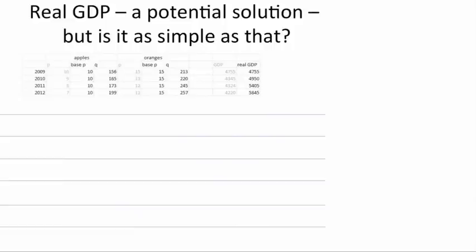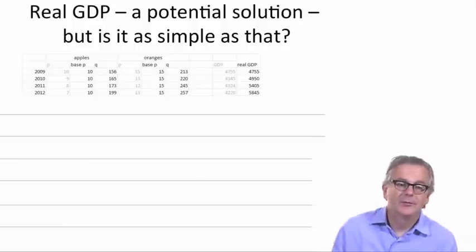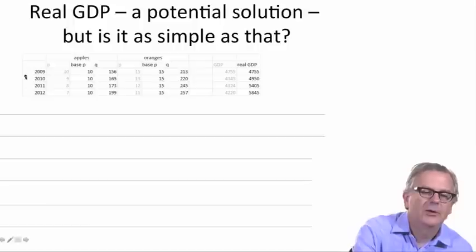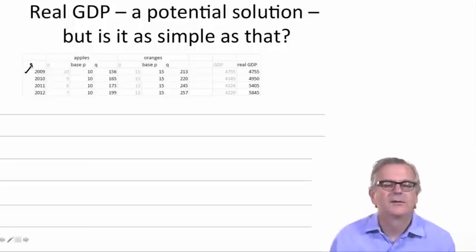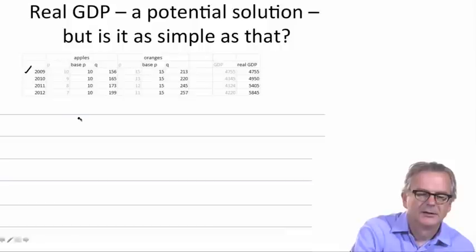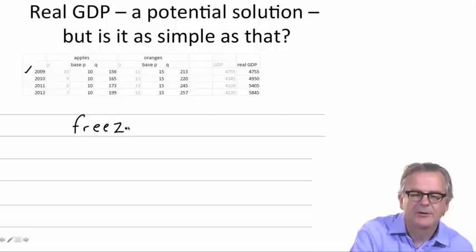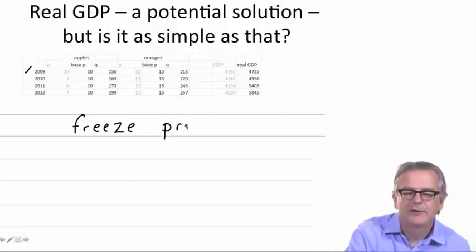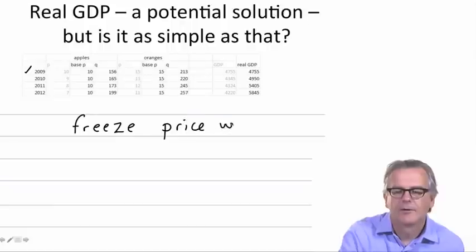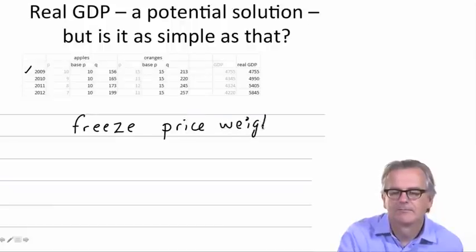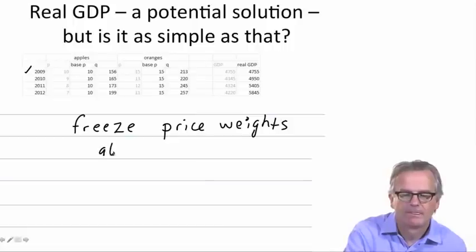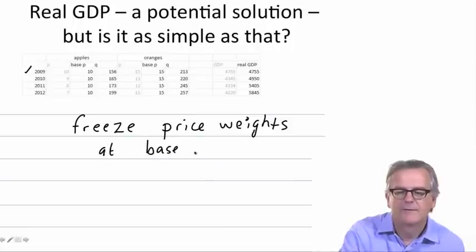There is one aspect to this real GDP calculation I want you to be aware of, one potential problem with the technique I described on the previous slide. So when we use those base period prices and we use those prices to value goods and services for all subsequent periods, what we're doing is we're freezing the price weights at their base values.